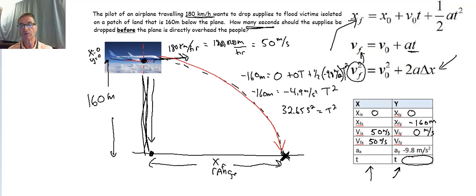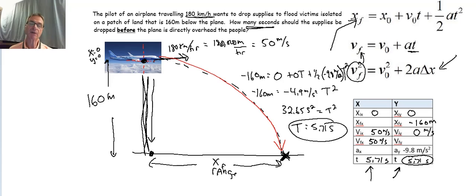If I take the square root of 32.65, I get 5.71 seconds for the time. That's how much time before the pilot is over the land that he or she is going to have to drop that package.